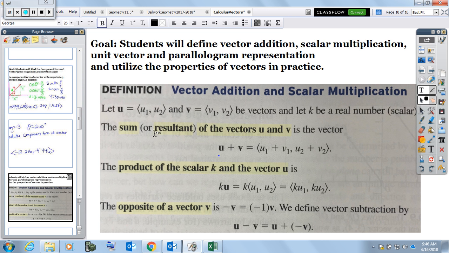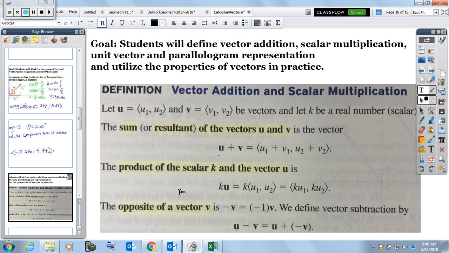If we are adding or finding the sum, or also you might hear it as the resultant of the vectors u and v, you will add our two x components together, or u1 and v1 in this case, and add our two y components, or u2 and v2 in this case. Now together they will make one component.